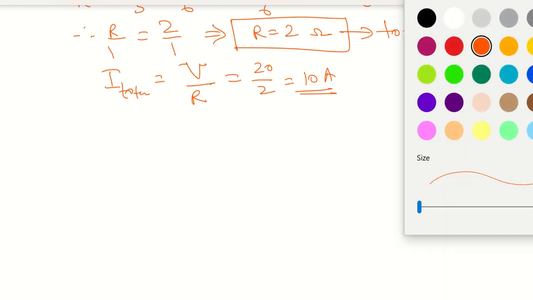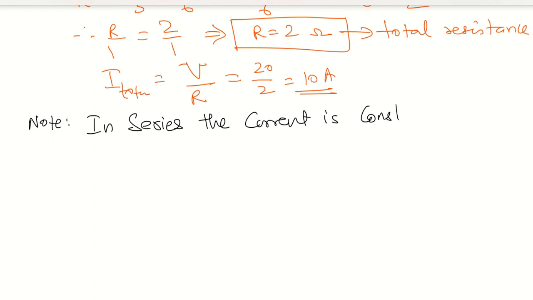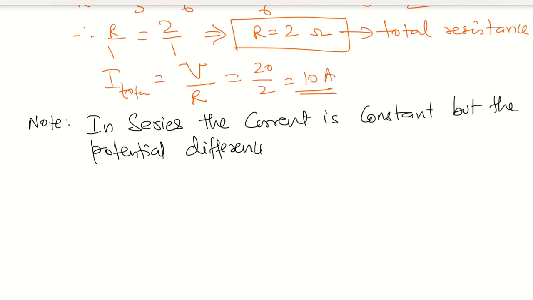Note, what do we note? We have to remember certain things here. One of the things is that in series, the current is constant, but the potential difference, which means voltage, is divided. Okay.